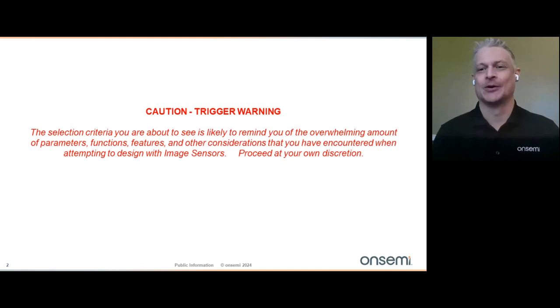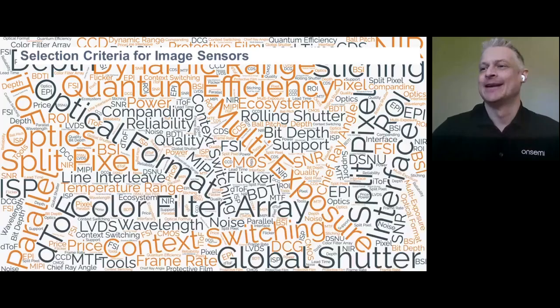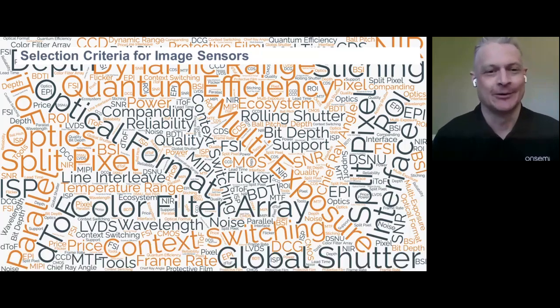Before we get started, I just want to give everybody a trigger warning, as a joke kind of, but the selection criteria you're about to see is going to remind you of the overwhelming amount of parameters, functions, features, and considerations that you have probably encountered when attempting to design with image sensors. So proceed at your own discretion. And I think this next slide really proves it.